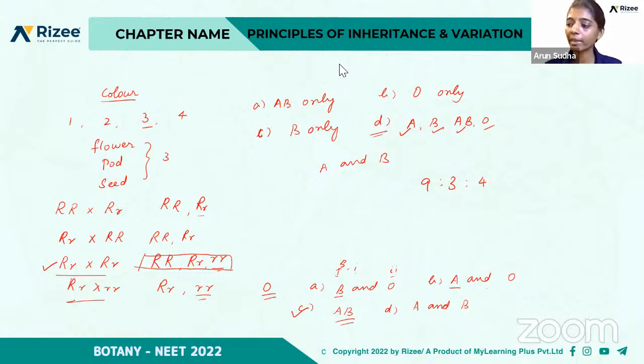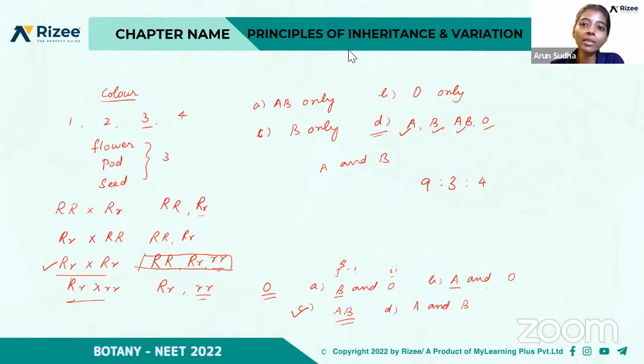So we have completed the monohybrid cross, then the dihybrid cross, and the non-Mendelian inheritance. Under that, intragenic interaction, intergenic interaction, the chromosomal theory of inheritance, and linkage and recombination. If genes are in the linked form, the possibility of recombination is less.